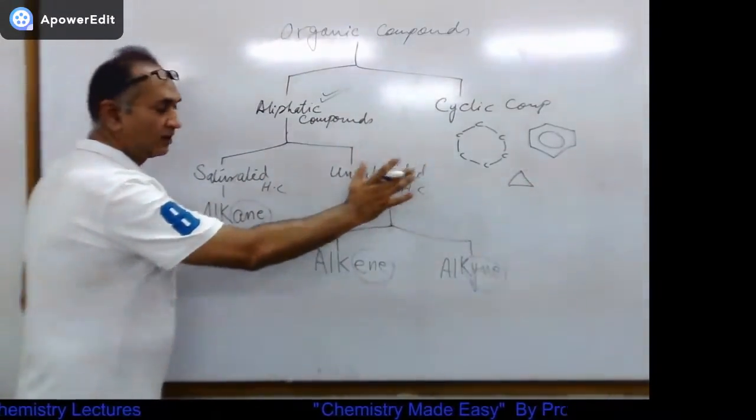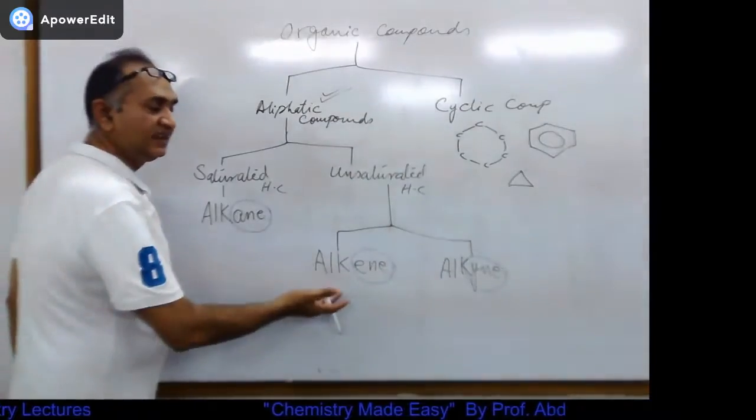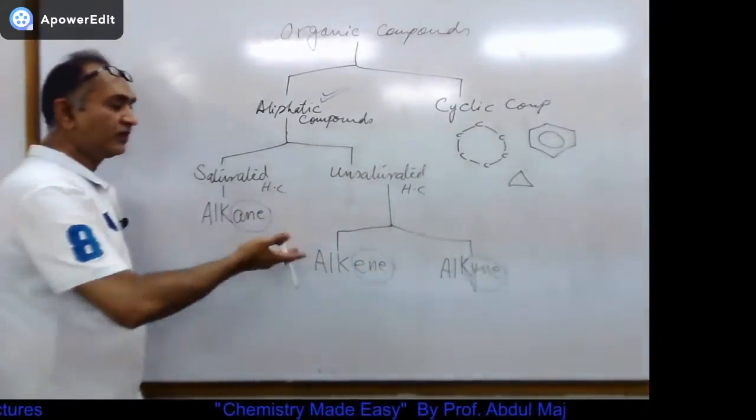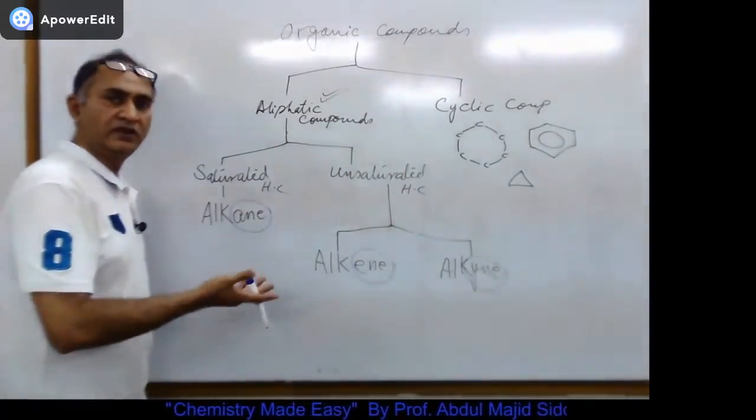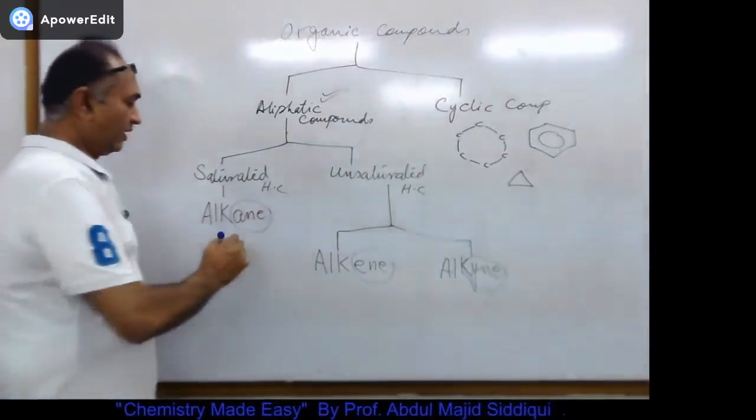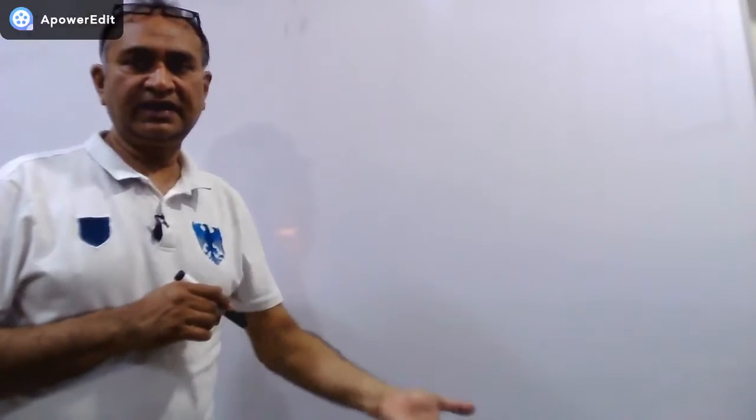Unsaturated hydrocarbons are divided into alkenes and alkynes. Now let's see what these terms are one by one. Okay? So we will begin with alkanes. Now we will start alkane, alkene, alkyne, one after the other. So the first one is alkanes.